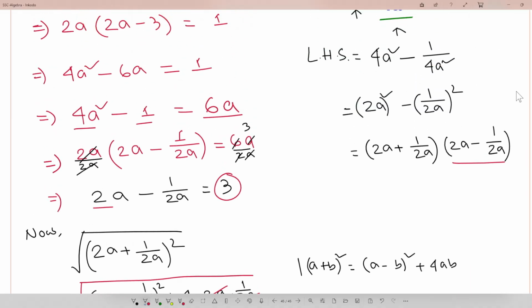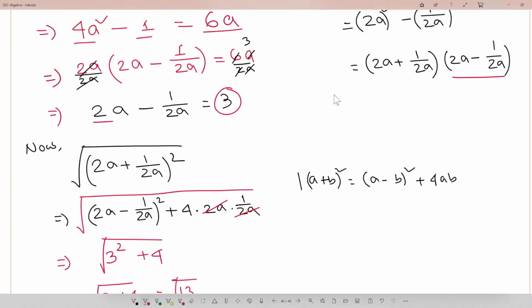Why? Because our target is to find out 2a plus 1 by 2a times 2a minus 1 by 2a. So we already get both values. It means 2a plus 1 by 2a will be root 13 times here 2a minus 1 by 2a, it will be 3.